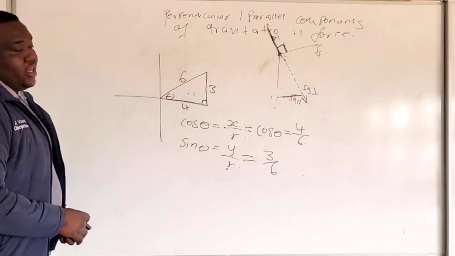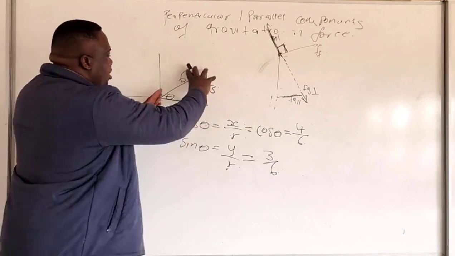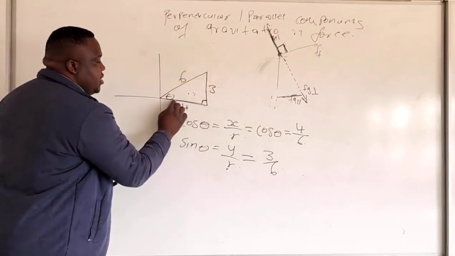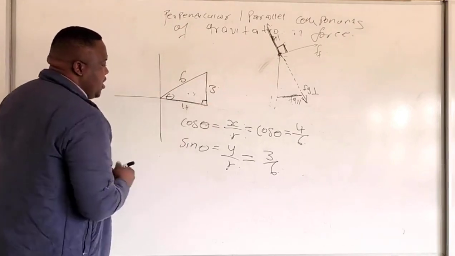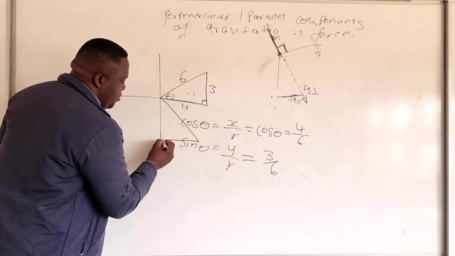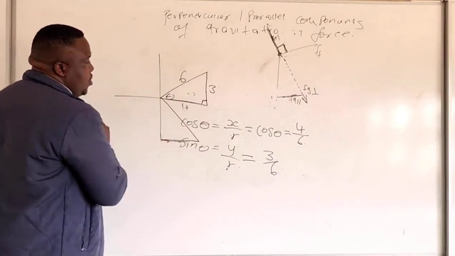Okay. Let's say we were to shift this triangle. We take this part to come here, meaning that this x will become y. Let me do it. I shift the triangle to this side. I take the very same triangle. What do I do?